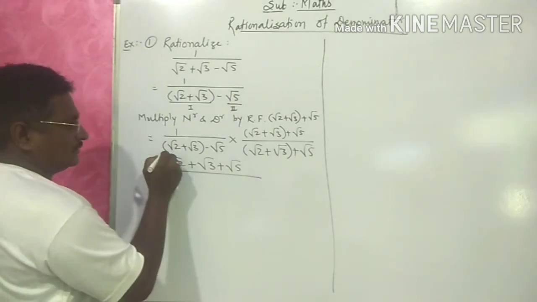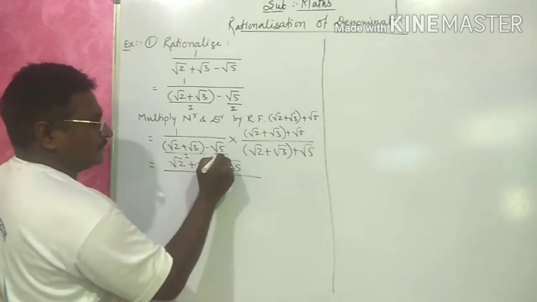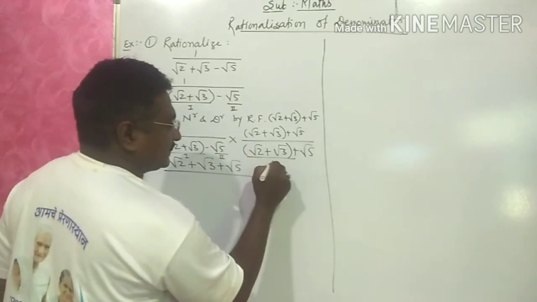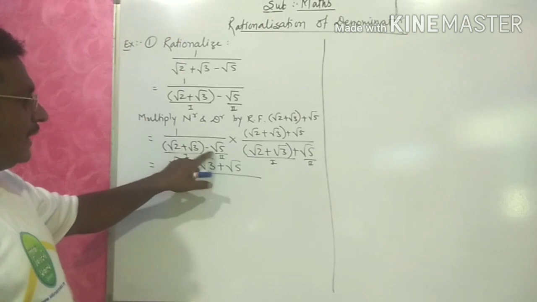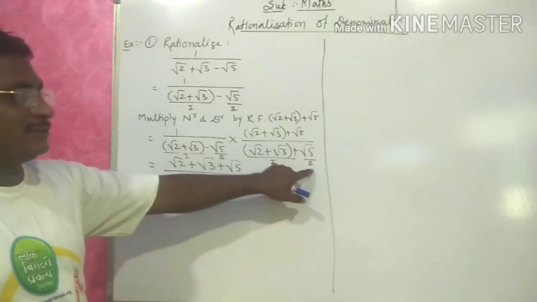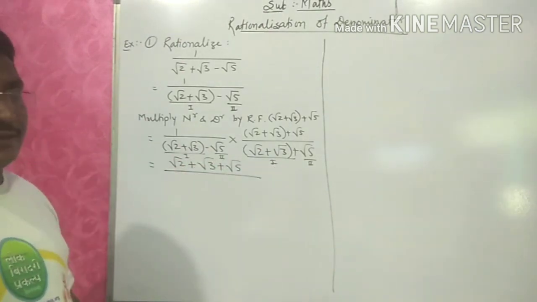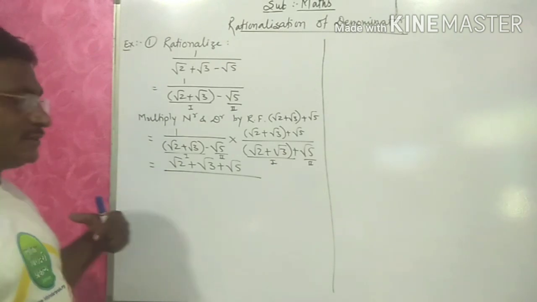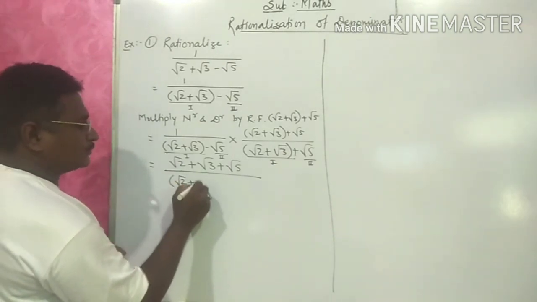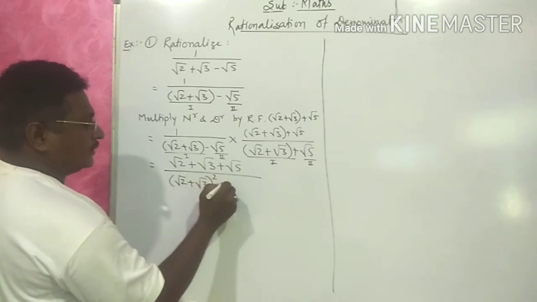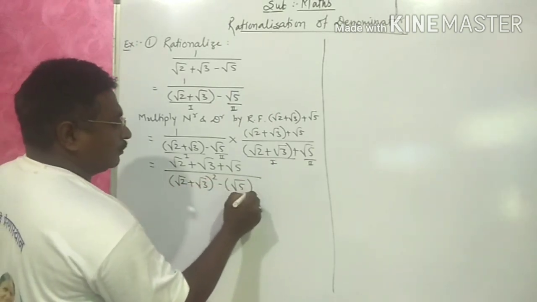Now here, this we will consider 1, this we will consider 2. So this is first and this is second. So it is A minus B, A plus B. What is the identity? A square minus B square. So A means root 2 plus root 3 whole square minus root 5 whole square.